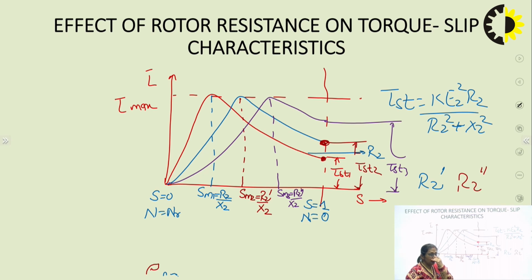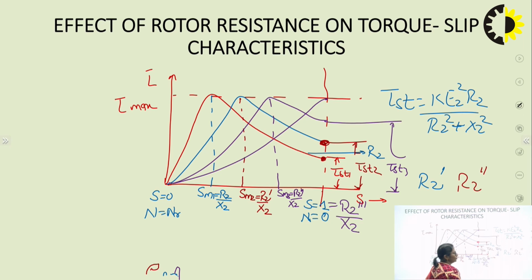Is there any condition to have the maximum torque at the starting itself? Can it go like this? That means I'm getting the maximum torque at the starting. What should be that condition? If we just see from here, the slip is equal to 1. And I also know the condition that the slip must be equal to the rotor resistance at that time, say R2 triple dash upon X2.